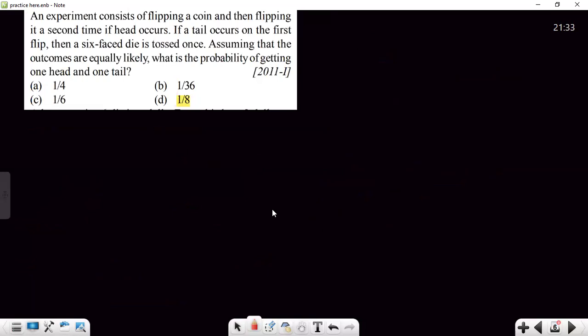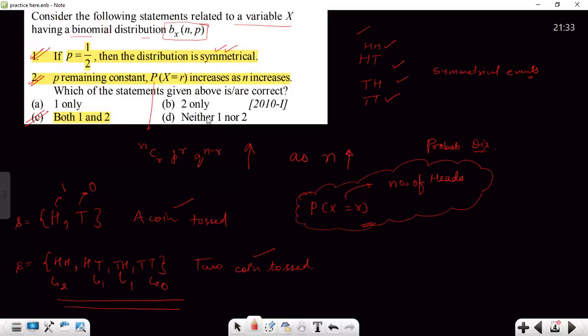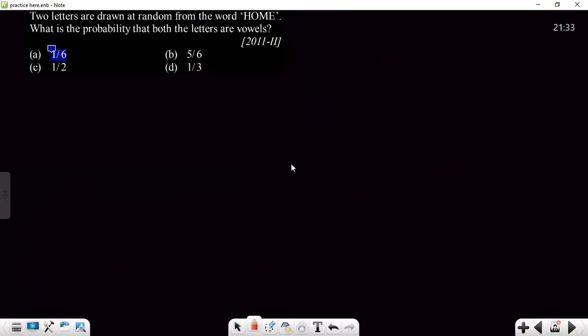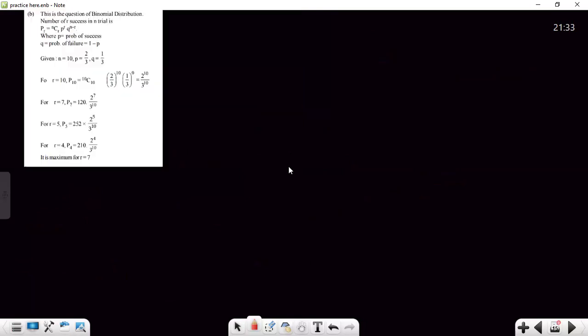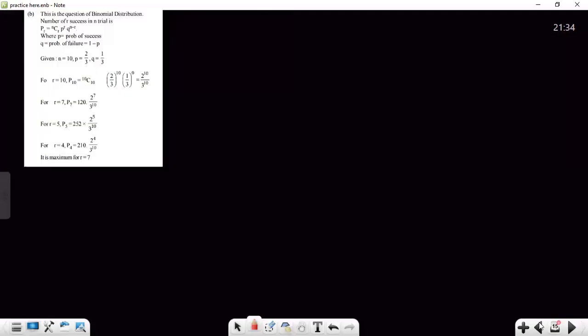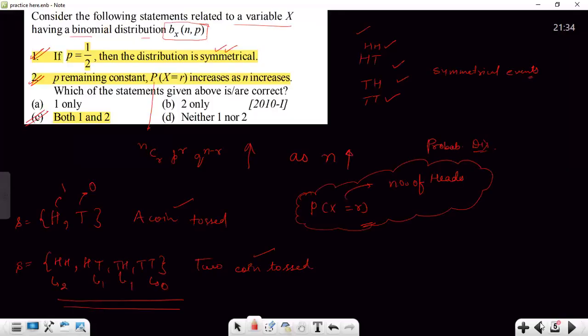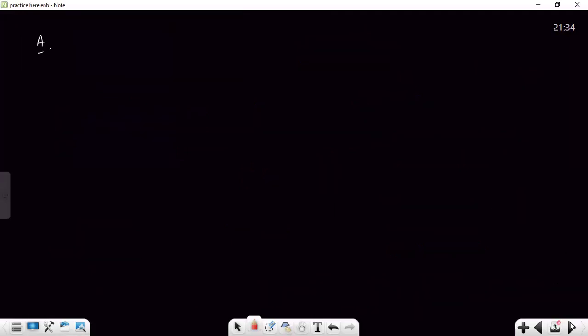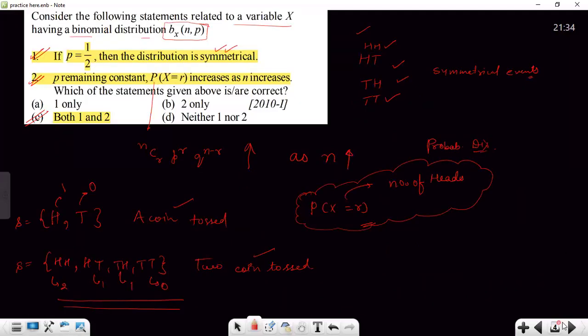Next question. If you are wondering about these highlighters, it's not just about the answers, it's also that important questions are highlighted with certain colors, because when I used to study for NDA, I used to mark important questions with highlight. So I have brought those specific previous year questions only.